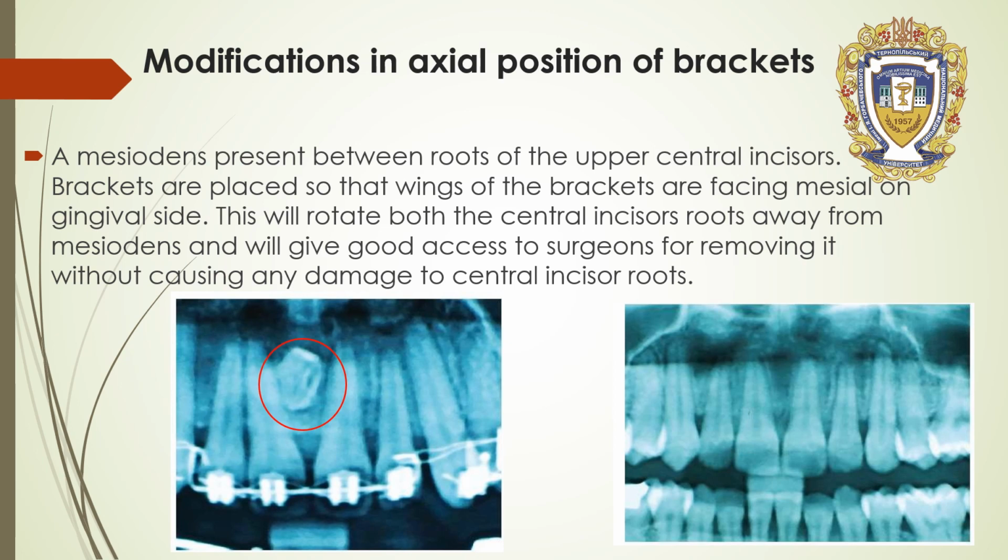Another situation. A mesiodens present between roots of the upper central incisors. Brackets are placed so that wings of the brackets are facing mesial or gingival side. This will rotate both central incisor roots away from the mesiodens and will give good access to surgeons for removing it without causing any damage to central incisor roots.